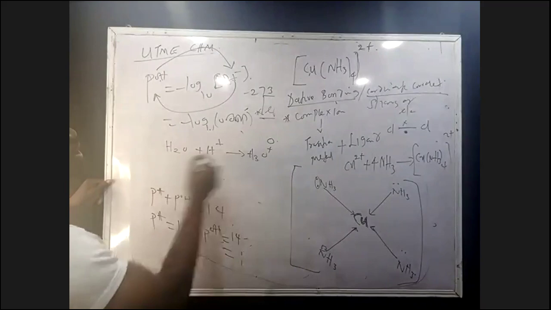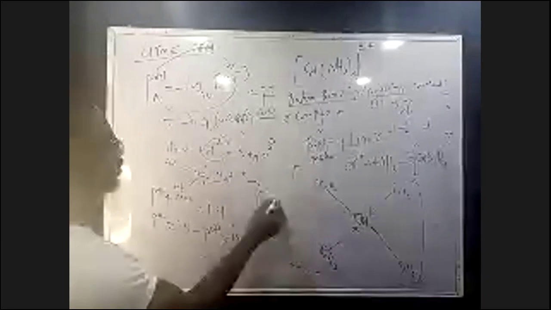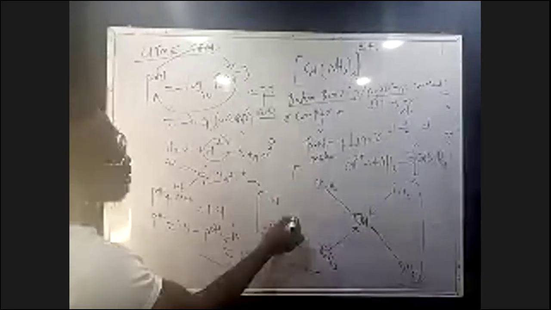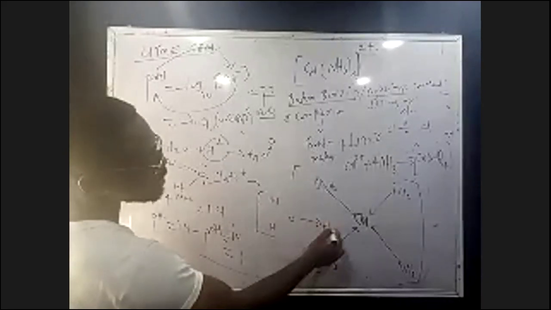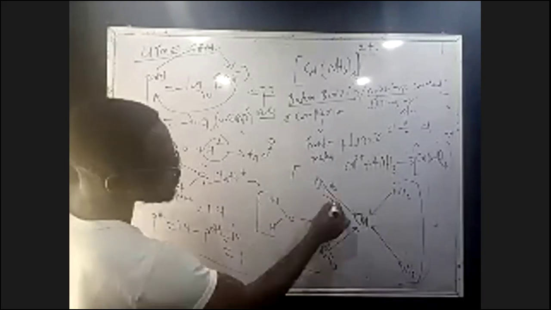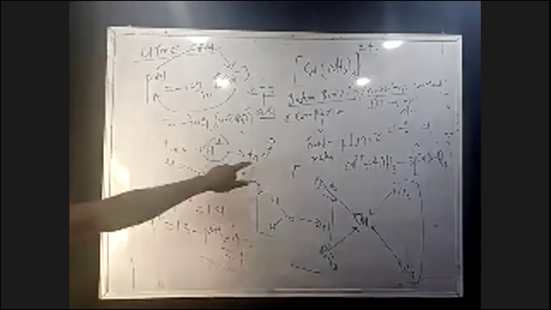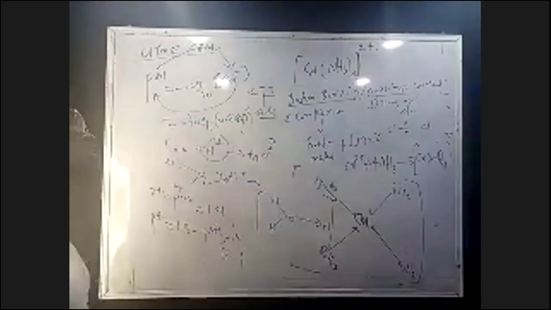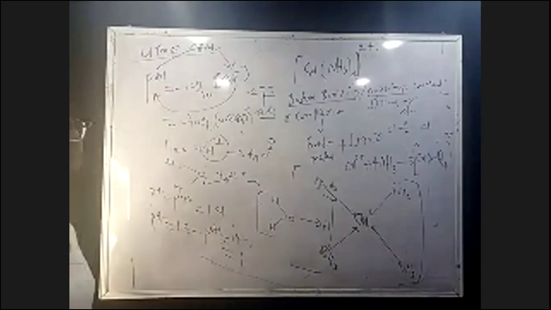The H plus forms a bond with this guy to now give you H, O, dative bond H, and then everything plus. So we also have dative bond in here. So dative bond is just a special form of your coordinate covalent bond.